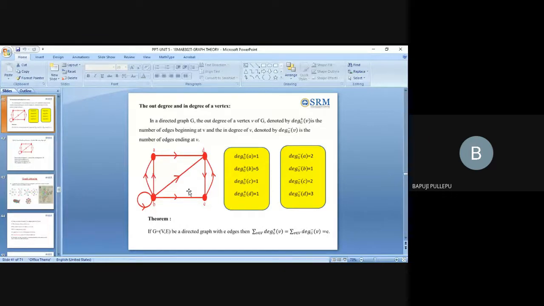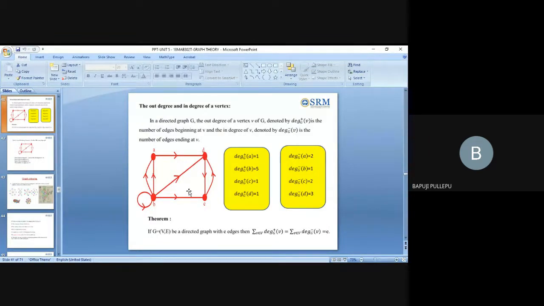Now degree of C is what? Going from C, how many are there? Only 1, C to D. Coming to C is what? Inside C is D to C, B to C. So 2. Reaching or not? Degree of the last one, D, is what?